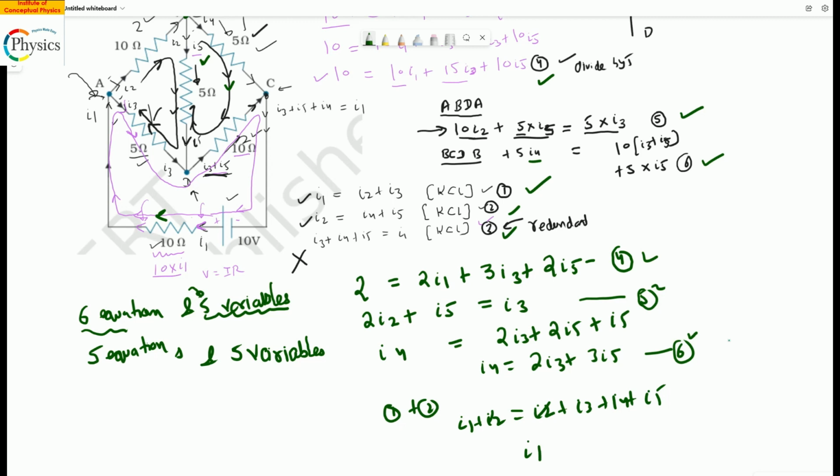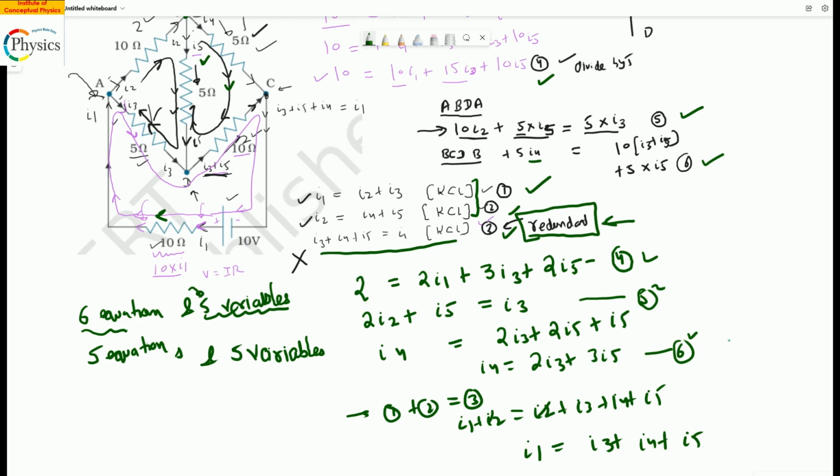You will be left with I1 is equal to I3 plus I4 plus I5, which is identical to 3. So actually 3 is redundant, and that is why I used the word redundant here, because 1 and 2 together give you 3. So 3 is not required, right?